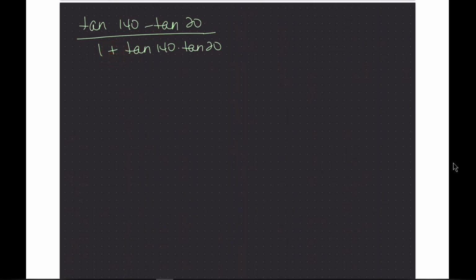So I just need to figure out my alpha and my beta. If I look at my little problem, my alpha is going to be 140, my beta is going to be 20, right? And since I'm looking at the difference formula, I know I would have the tangent of alpha minus beta. I can keep filling stuff in.